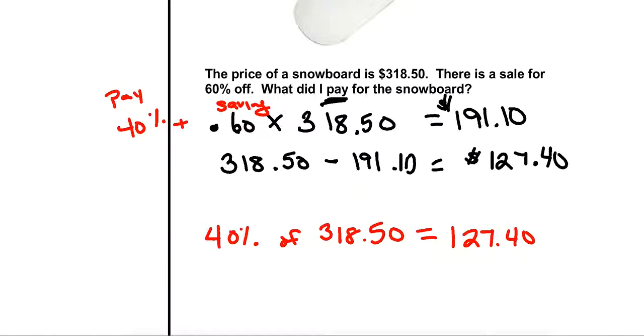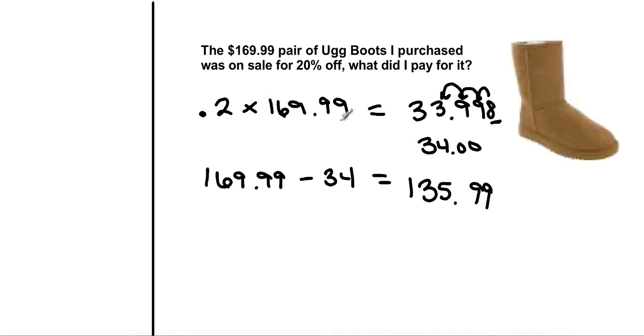So now you can do either way. If this isn't making sense to you, don't do it. I'm just showing you how you can do part of it in your head. So let's look at the next one. If I'm saving 20%, that means I'm spending 80%. So I would take 80% or 0.8 times my $169.99.